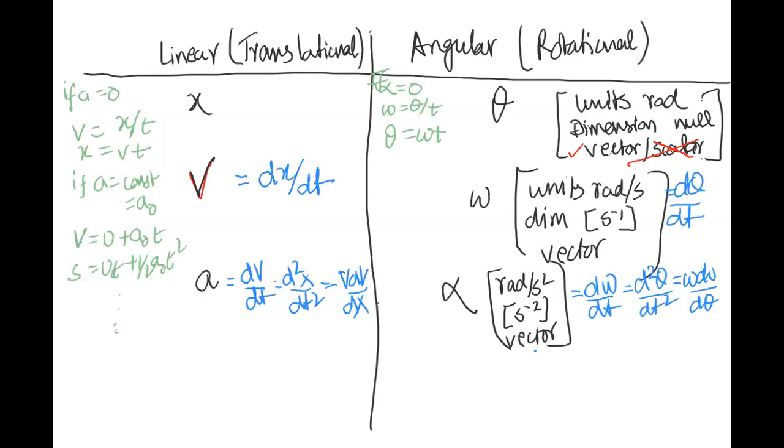Here also, if alpha is equal to constant is equal to alpha naught, then the final omega is equal to initial omega plus alpha t, and theta is equal to omega initial t plus half alpha naught t square, so on and so on. Whatever is the relationship followed by the linear variables is followed exactly by the angular variables, right?